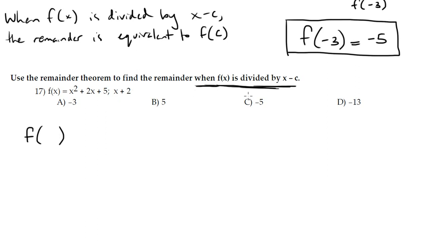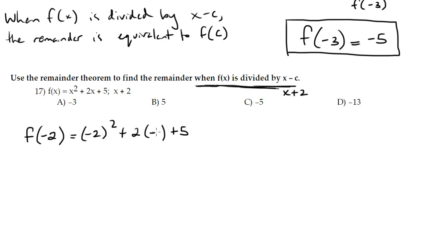So here I'm dividing by x plus 2. So the remainder is equivalent to f of, so change this sign, right? See f of c? Change that sign. So the remainder is equivalent to f of -2. If I substitute -2 into this function for x, I will get the remainder.